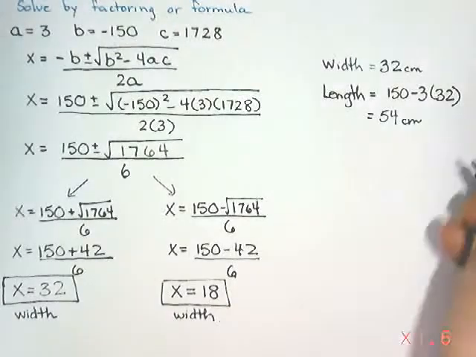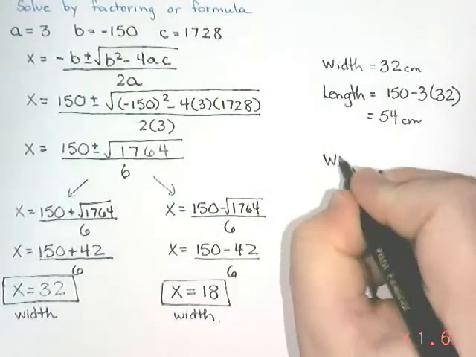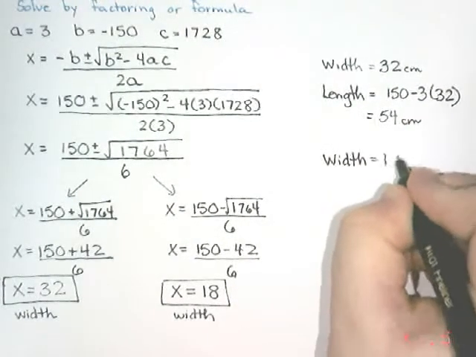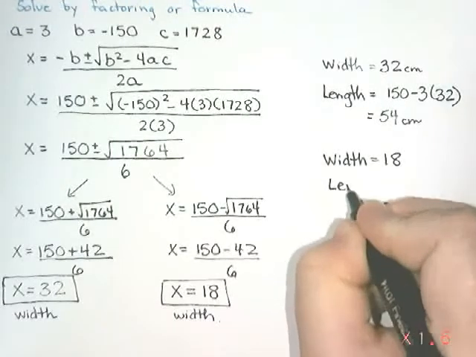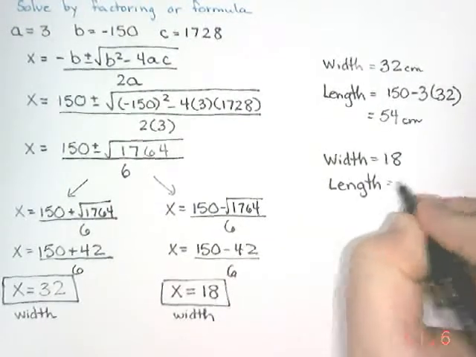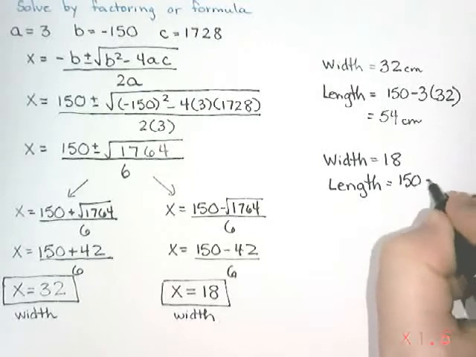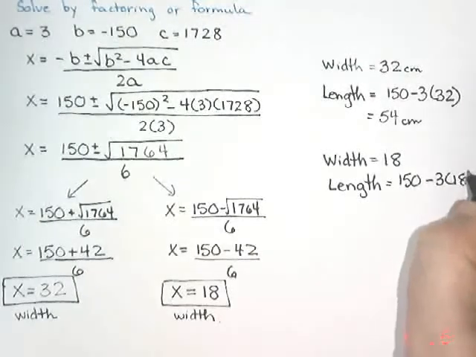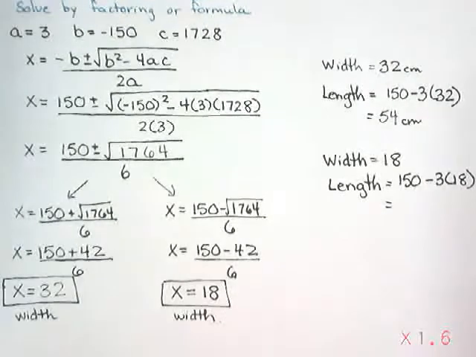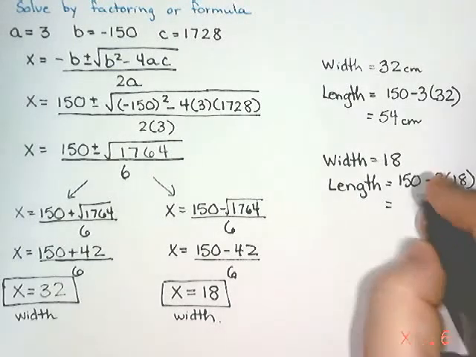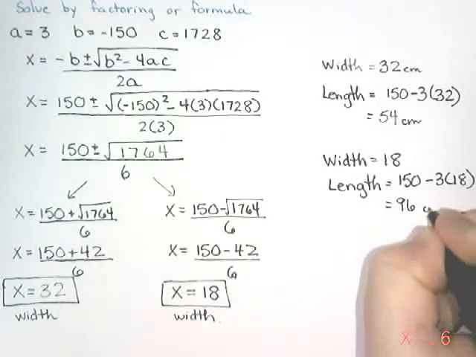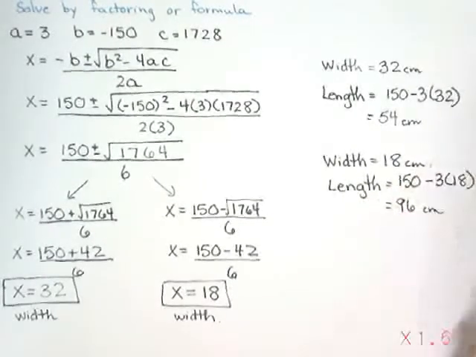Okay, the other possibility is if the width is 18, so the length is going to be 150 take away 3 times 18. 3 times 18 is 54. 150 take away 54 is 96. So we have two possibilities.